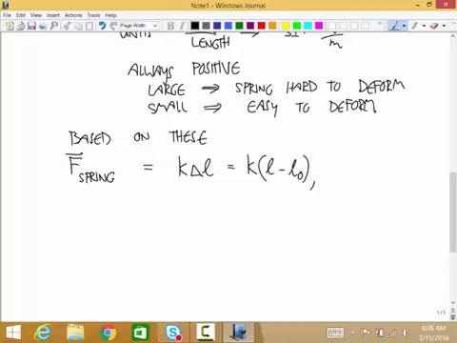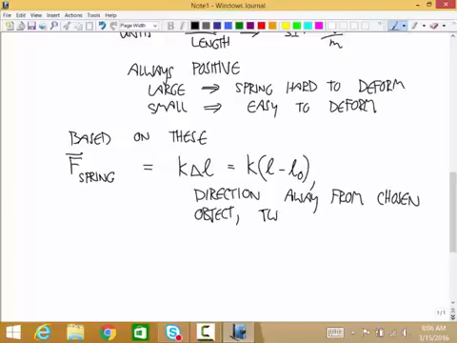And the direction is away from the chosen object toward the spring. So the direction is going to be like a cable tension.